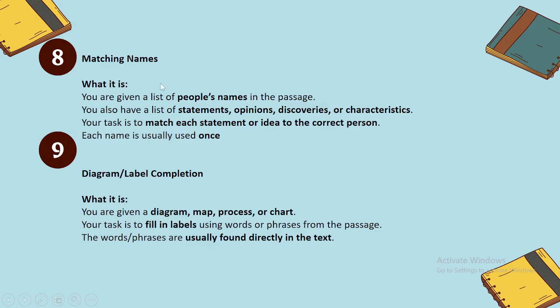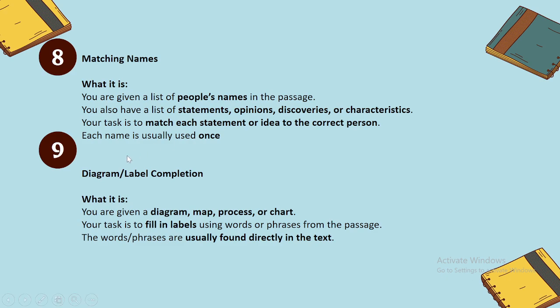So just identify people's names, try to understand what he or she is saying, and then match them with the statement. And once you get your correct answer, just cut them down because it really helps you avoid mixing up the incorrect options again and again.